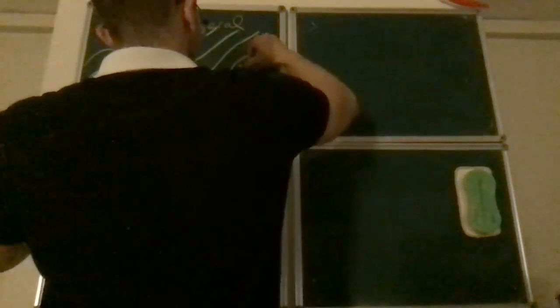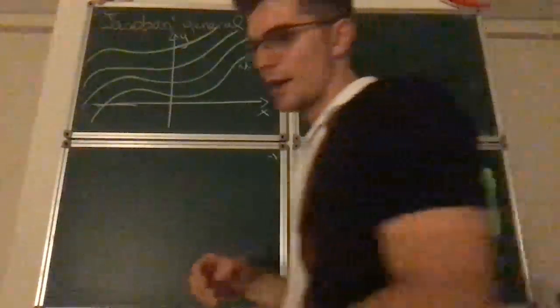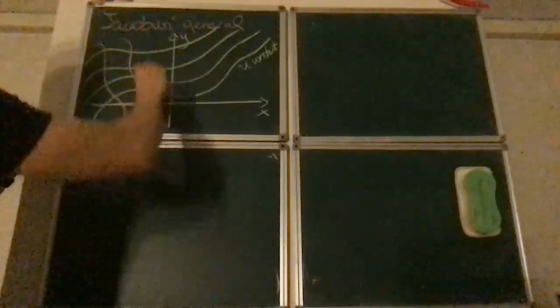Let's say they look like this. So here u is constant, and you also get curves where v is constant, which may look like this. So here v is constant.